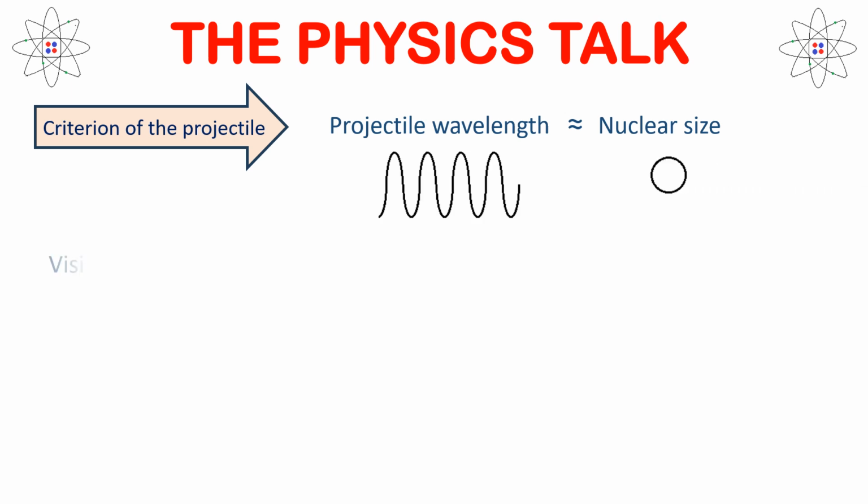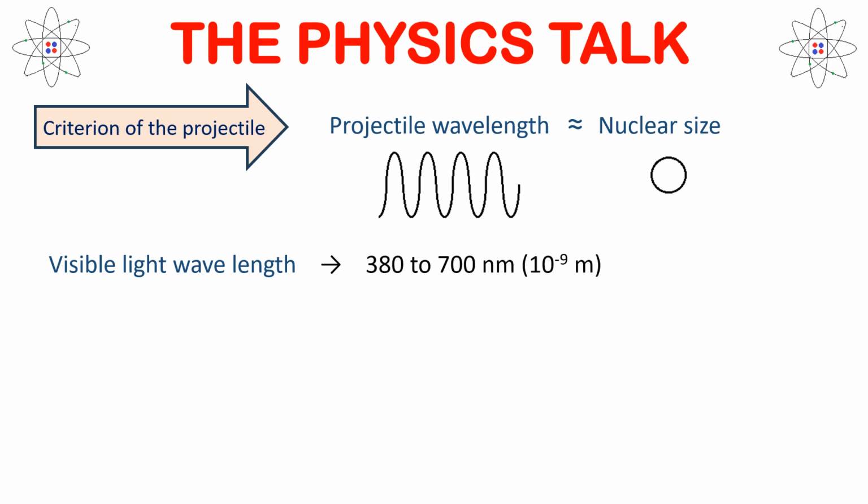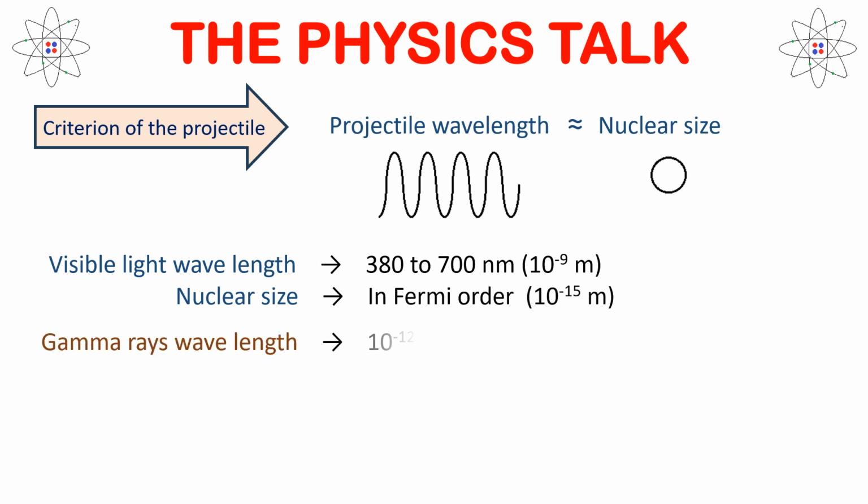Obviously, visible light doesn't fit the bill, as its wavelength is many orders of magnitude greater than the nuclear size. On the other hand, gamma rays, which have much shorter wavelength, could have been suitable from this perspective, but they have some other disadvantage.